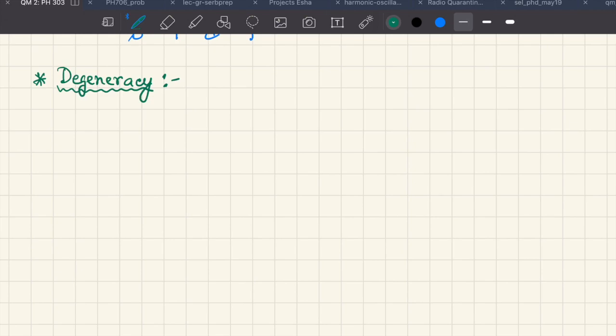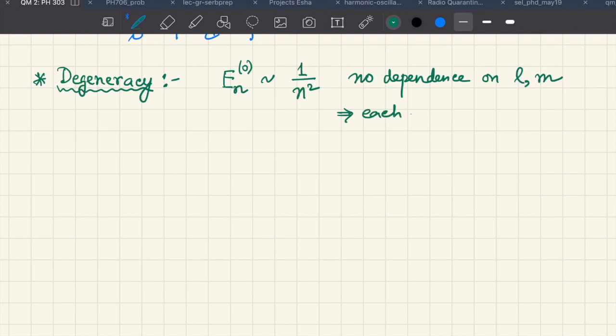It has to be, because your En0 did not depend on L and m. It only went as 1 by n square. No dependence on other quantum numbers, which are L and m, which immediately implies that each energy value is going to be degenerate.